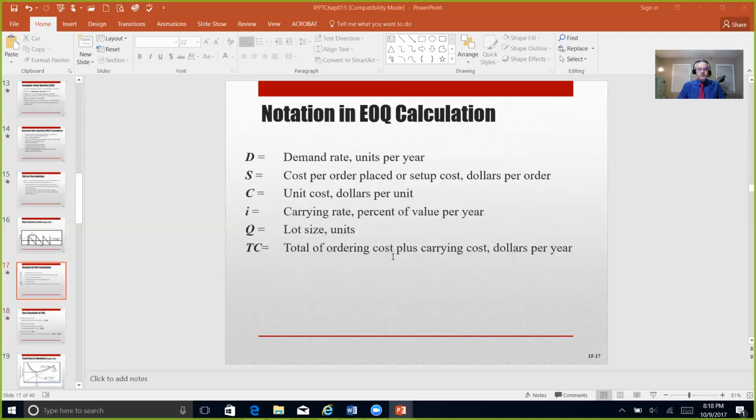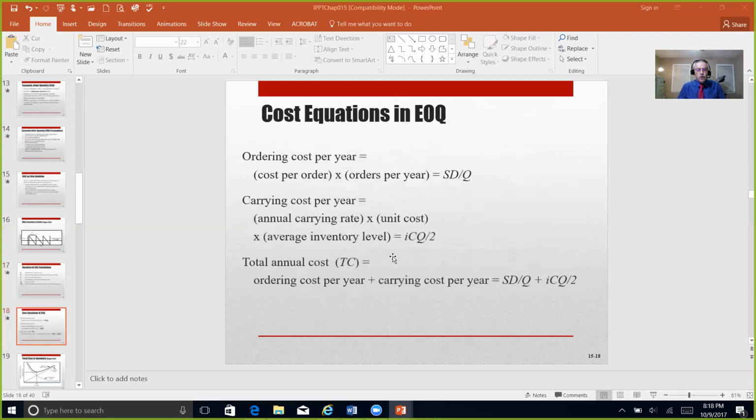One of the first things we're talking about deals with the ordering cost per year. Again, that's the cost per order times the orders per year, which you see as the cost per order times the demand rate divided by Q, the lot size.